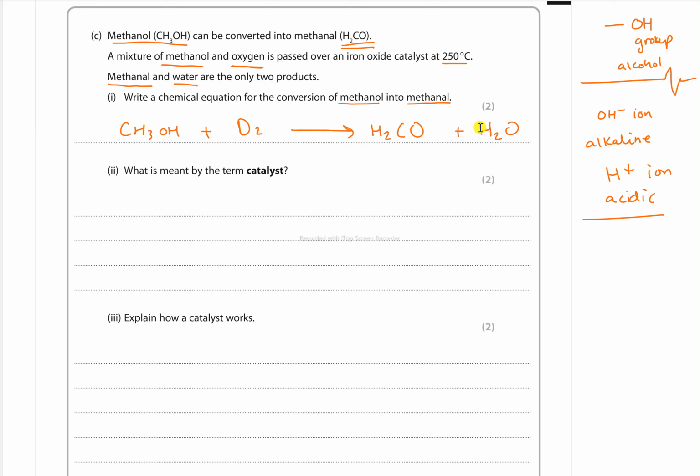I've got 2 oxygens here. So if I double this, I've now got 2 times 3 oxygens plus 1, that's 3, and then I've got 2 here plus this 1.